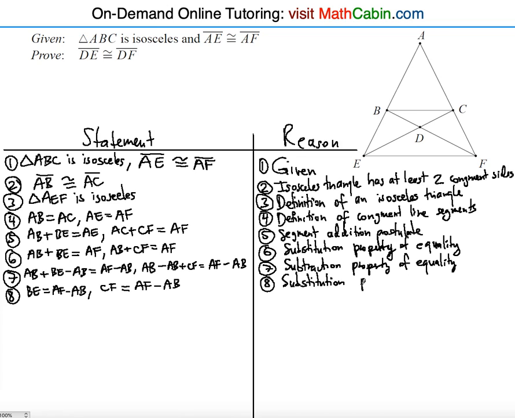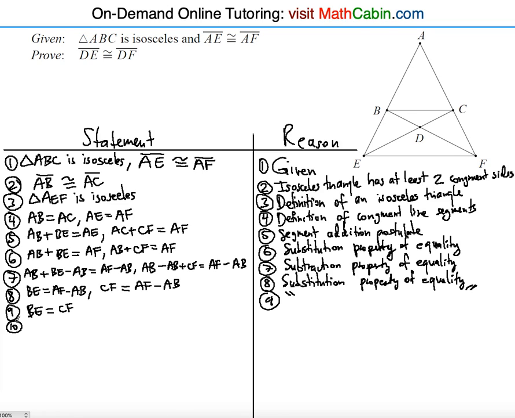So this is the substitution property of equality. So now notice something beautiful. AF minus AB is on both sides, so that means that these two can be set equal, right? So BE can be set equal to CF, right? That's what we wanted. And again, this is the substitution, and I'm going to put this in quotation marks because that's the same as the previous step, substitution property of equality.